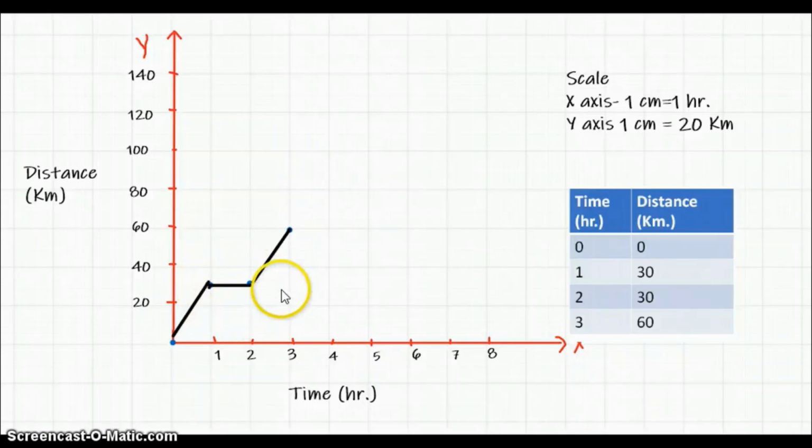In this case, the vehicle is at rest. So when the graph is a line parallel to the x-axis, then we can say that the object is not moving.